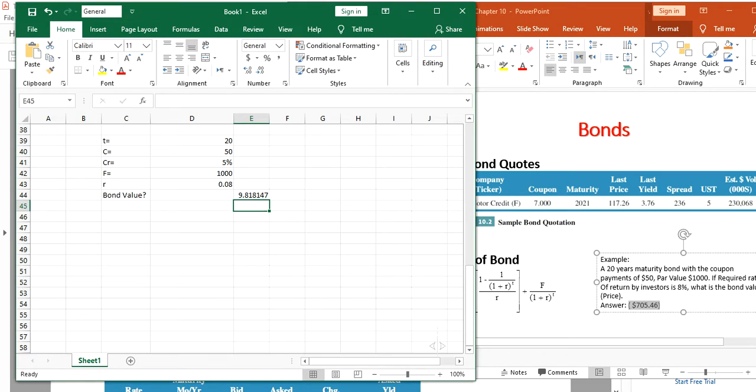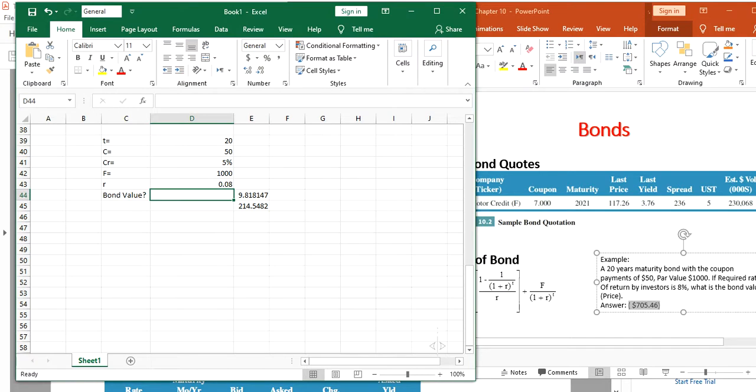It equals F divided by 1 plus R to the power of 20, t to the power of 20. So I have both these two.